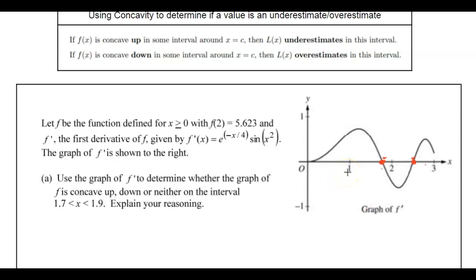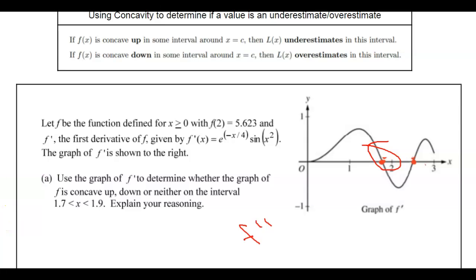It's somewhere around here, but it's hard to pinpoint that exactly. Well, what we notice though is that if this is the graph of f prime, f double prime refers to the tangent slopes to f prime. Okay, does that make sense?